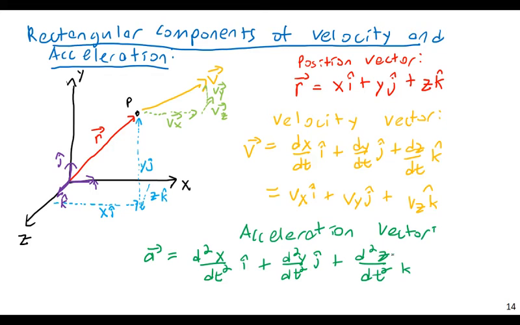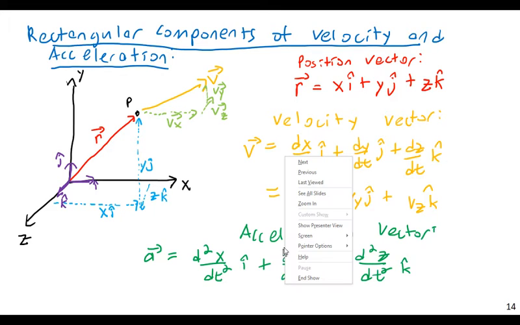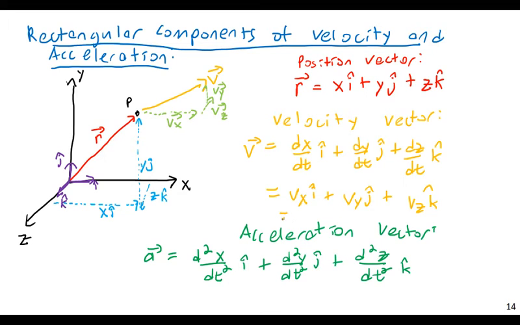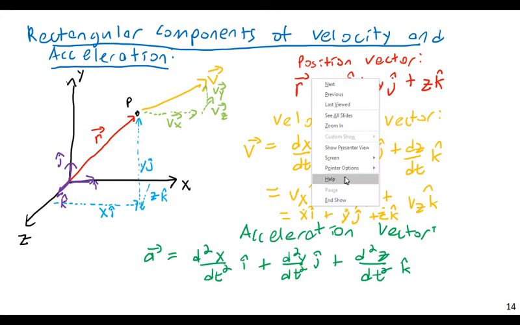And I also want to label this a little bit differently. I want to use my dot notation as well. This could also be labeled x dot i plus y dot j plus z dot k. If you ever see me use the dot and you aren't familiar with what that means, one dot means the derivative with respect to time once.